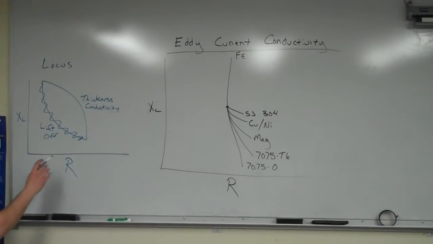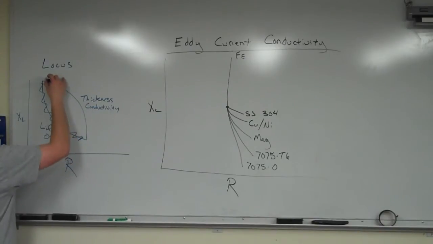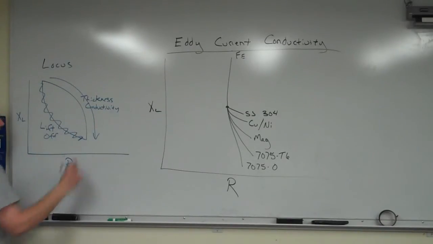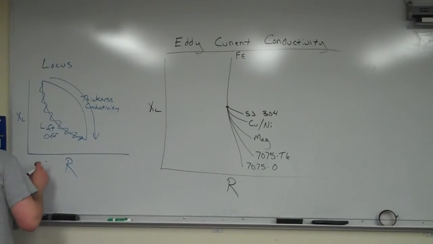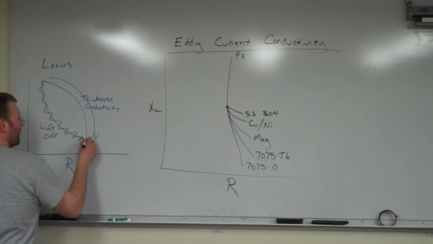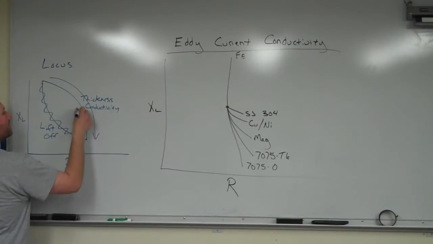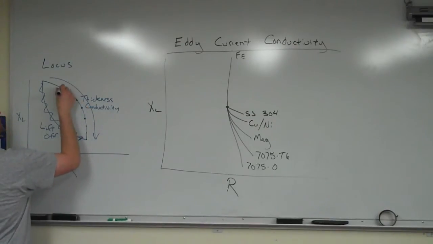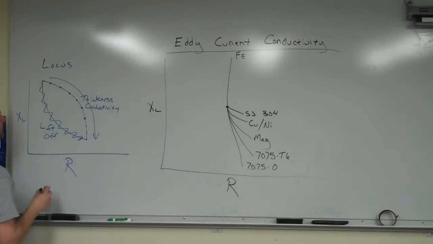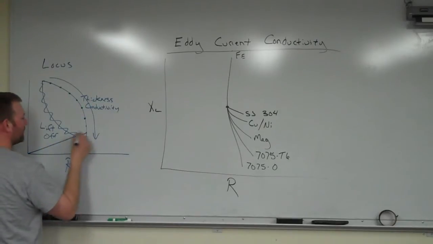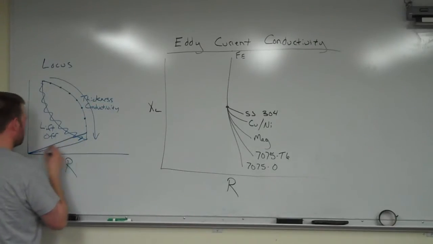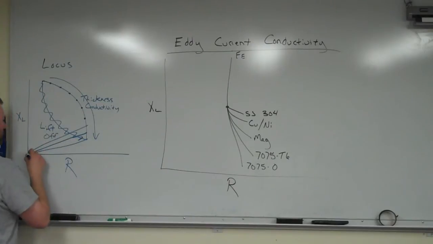But what we're more concerned with, not necessarily our liftoff line, is increasing conductivity as we go farther and farther down this line. We know that any point on this line, which we've seen already from the videos in Eddy Current 1 and all of the other material you've been reading, is a different impedance point.